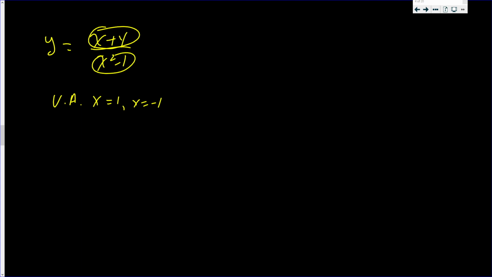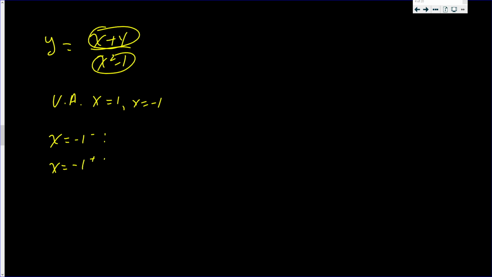I want to know what is y equal to, well, let's just write it this way. I want to know what happens on each side of the vertical asymptote. If x is a little bit less than 1, what happens? Less than negative 1.